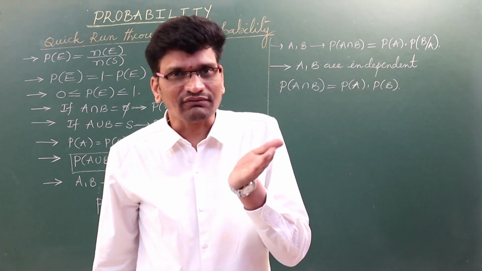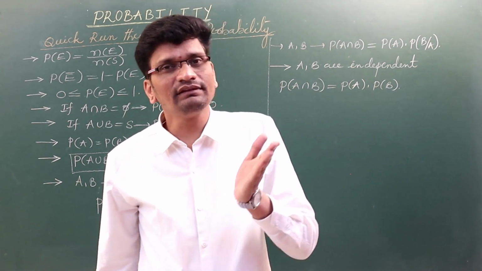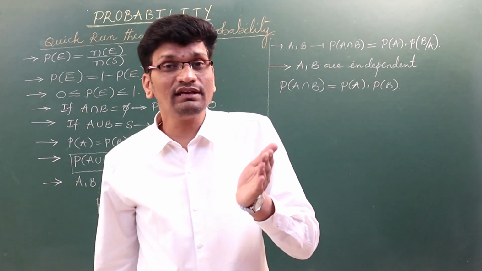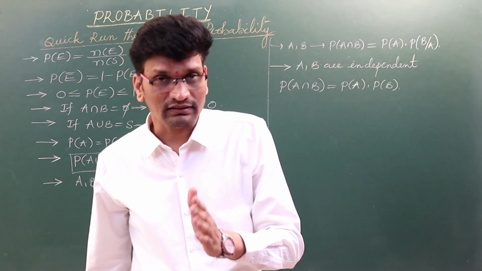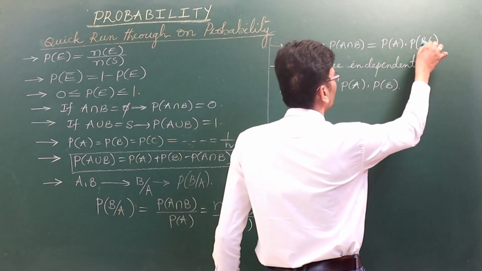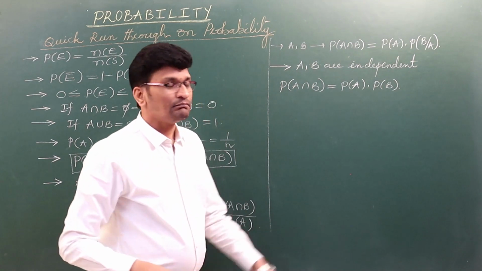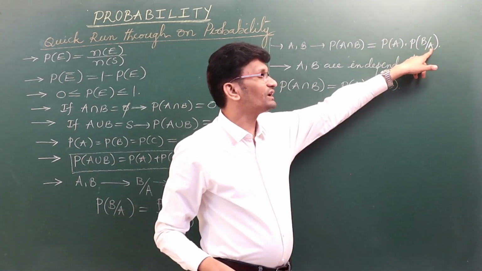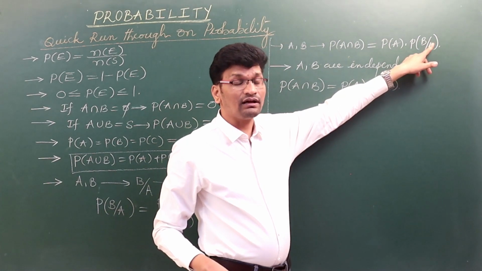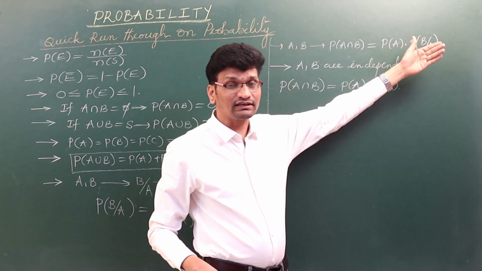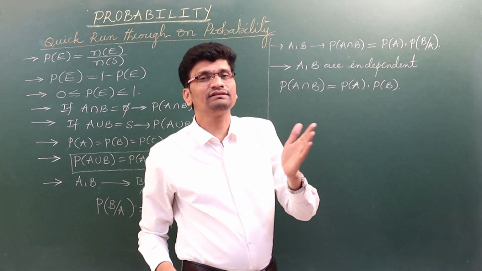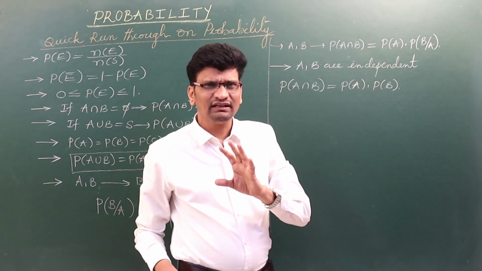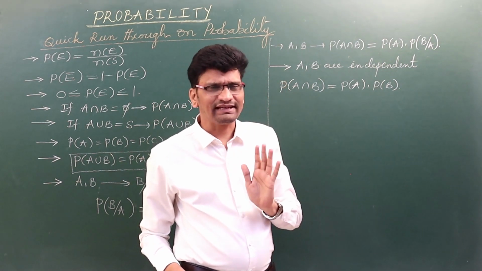But if B is affected by A, or B depends on A, or B is influenced by A, then B is denoted by B given A. B given A is nothing but the second event. If it depends on A or is influenced by A, or after the occurrence of A, B is influenced by A, it means B is depending on A, simply I can say.